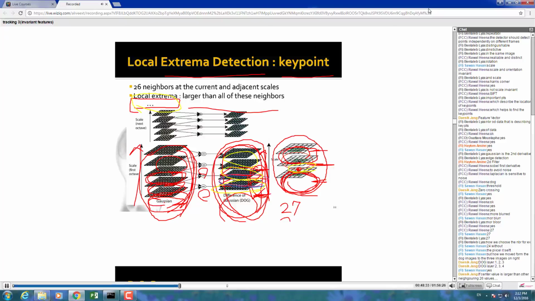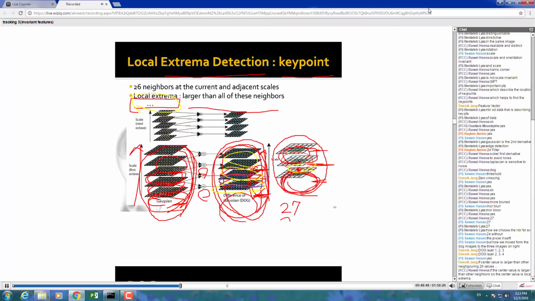Then, in that case, that position, that value, location is becoming local extrema. So what is the meaning of this process? When the center value is larger than all other 26 neighboring values, it means that the current position, the center position, is very special, right?